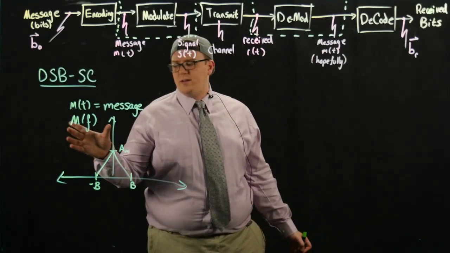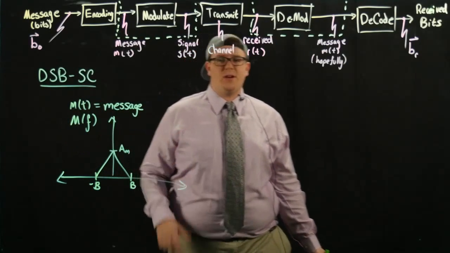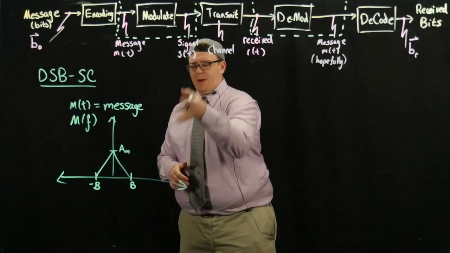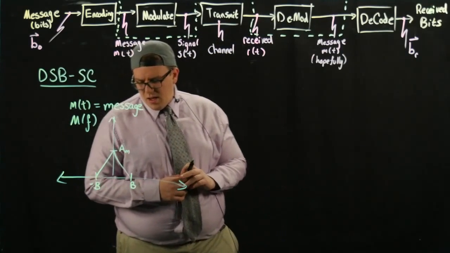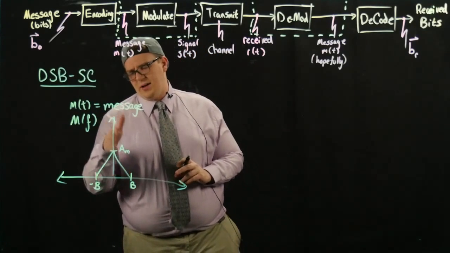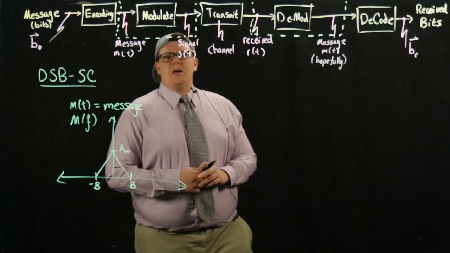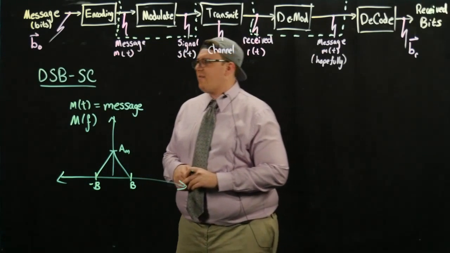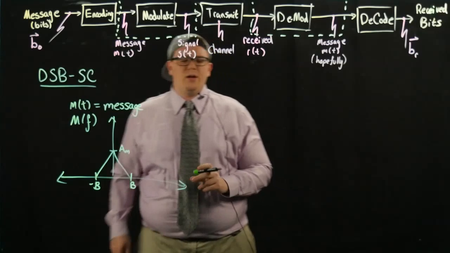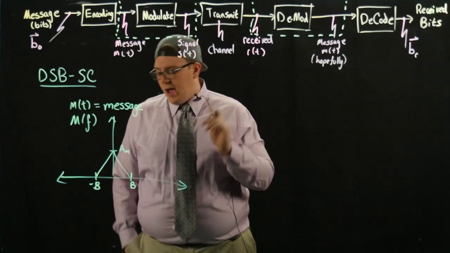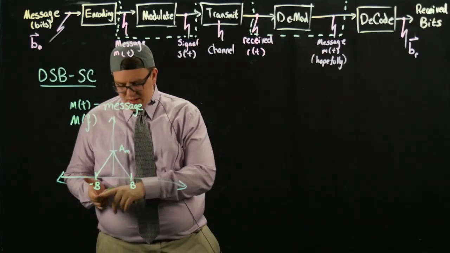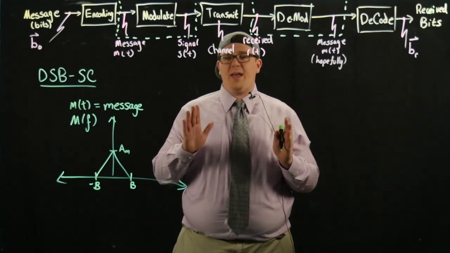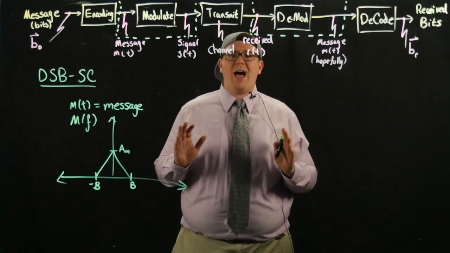This will work for any real signal M of f. So M of f has to be symmetric about the vertical axis. So this is nice. We have a frequency which is between negative B and B, and so the 2B length here is going to be within the allotted amount of bandwidth that we have.